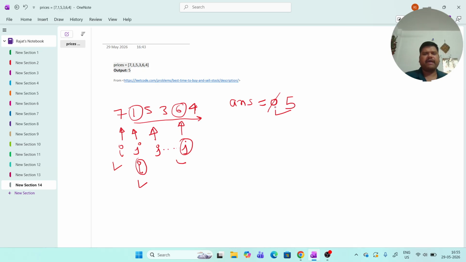So we'll update the answer to 5, which is our output for the test case. There are two loops, and each loop contributes big O of n, so time complexity will be big O of n square because they're nested loops. Space complexity is big O of 1 because we are using a constant number of variables. So this is the brute force approach.